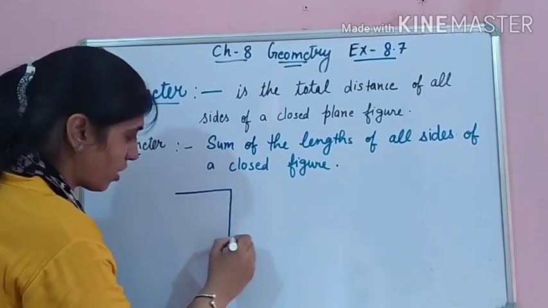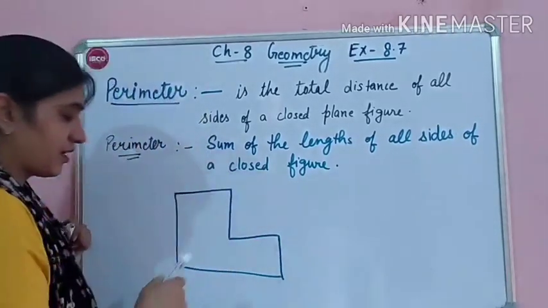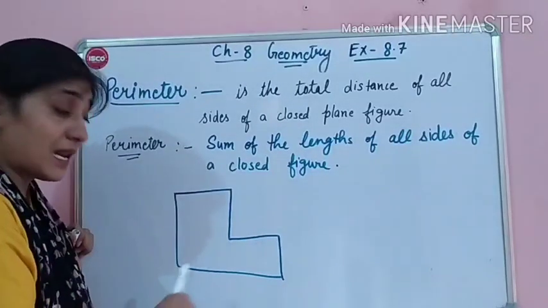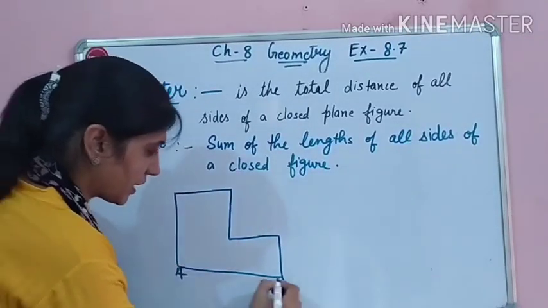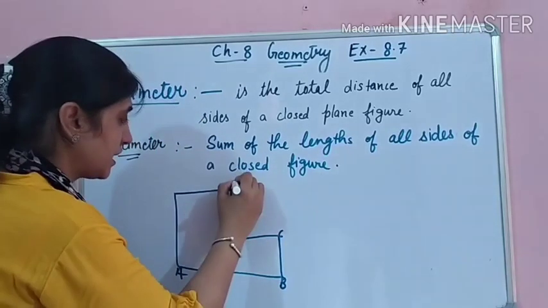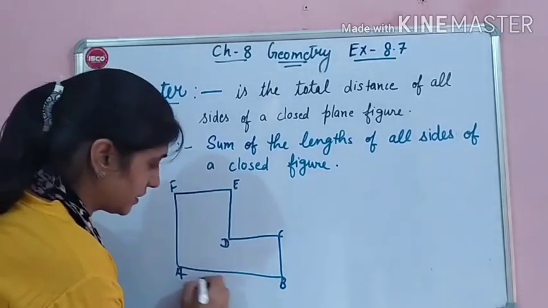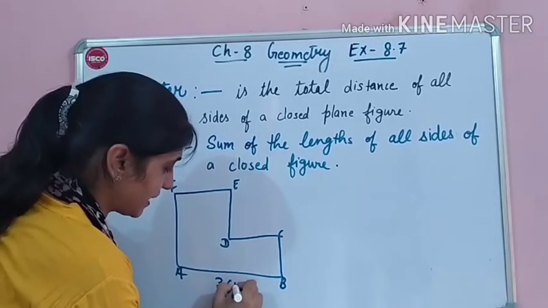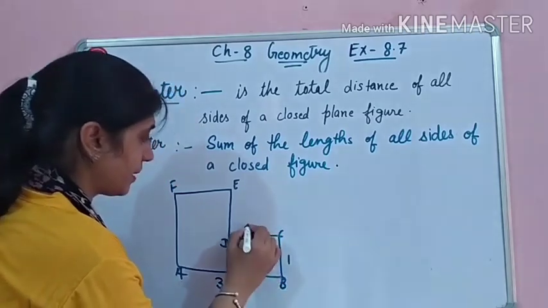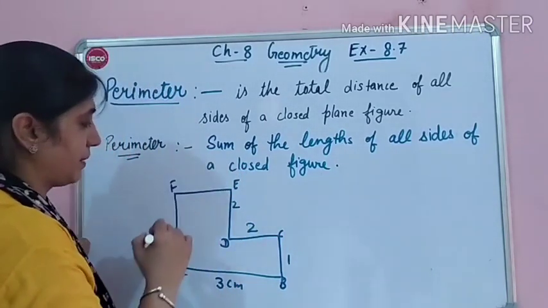See, this is one figure, any rectilinear figure. This figure is made up of the line segments A, B, C, D, E, F, and this is 3 centimeter, 1 centimeter, 2 centimeter. This is also 2 centimeter.